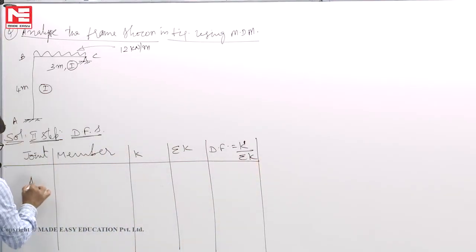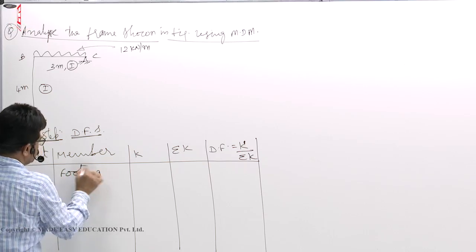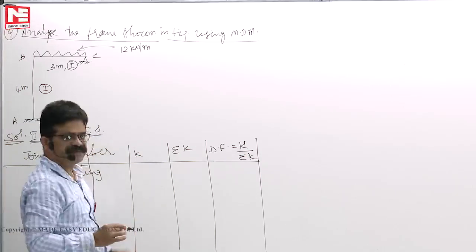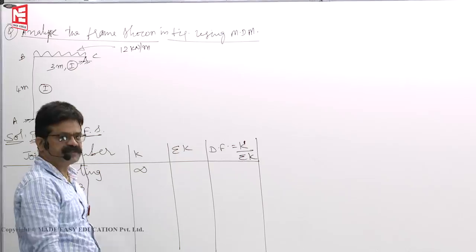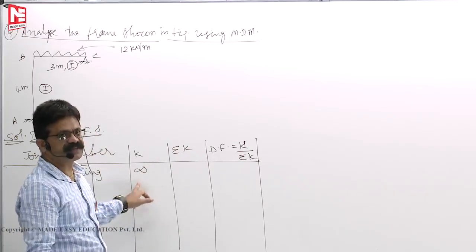At A, two members are there. One is footing, second is AB. Footing stiffness, relative stiffness, we will take as infinity. That means compared with the column, very high stiffness, so we idealize this as infinity.